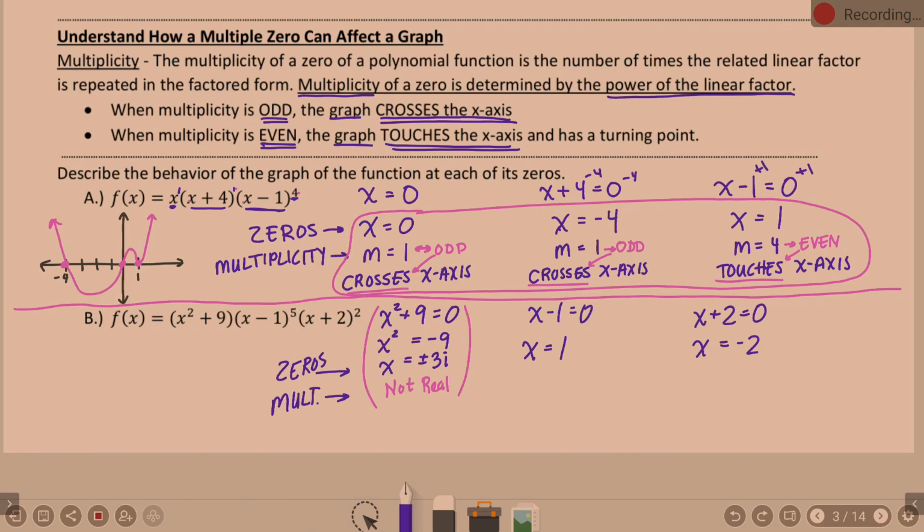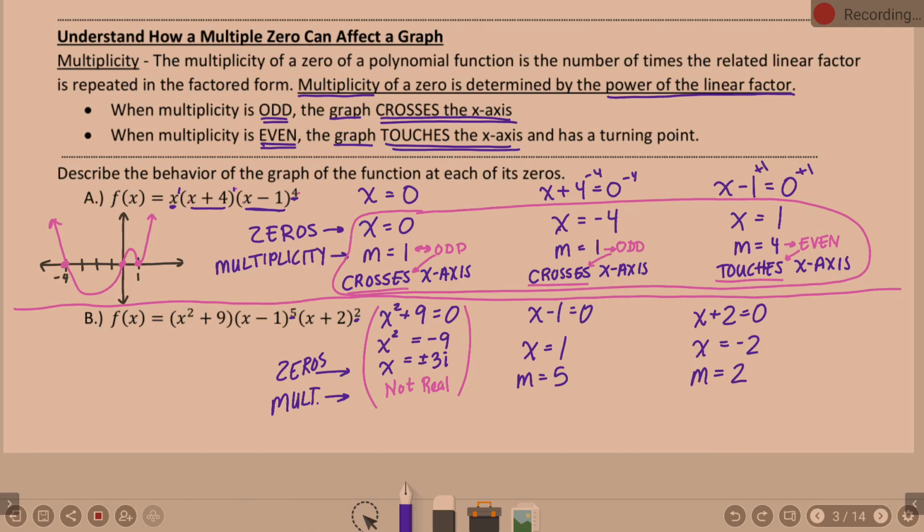What's the multiplicity of x equals 1? You agree with her? 5, because there was a power of 5. So multiplicity of 5. What's the multiplicity on x equals negative 2? It had a power of 2, so multiplicity of 2, yes?